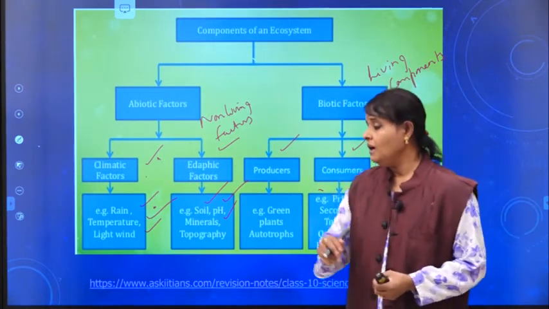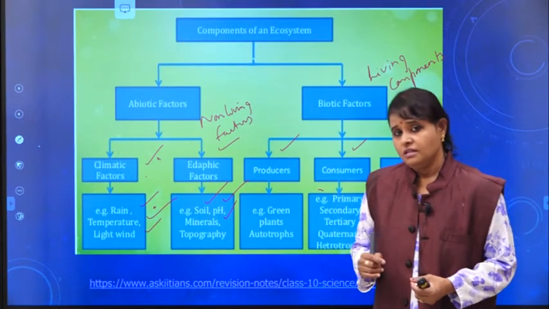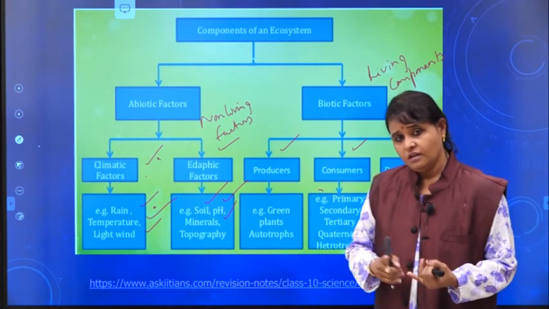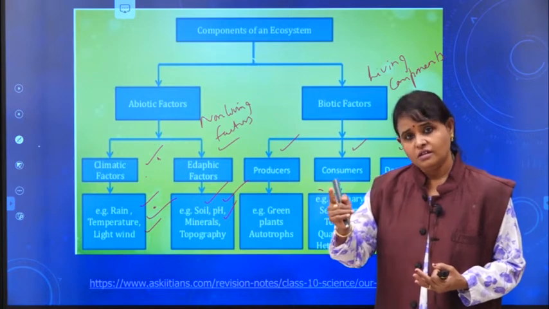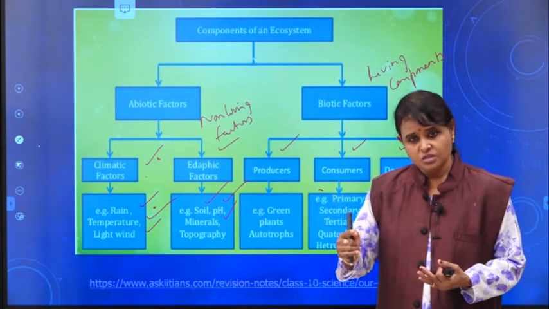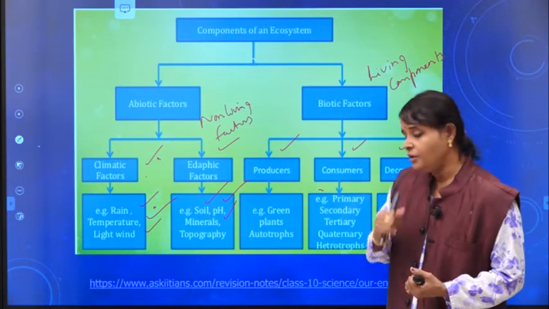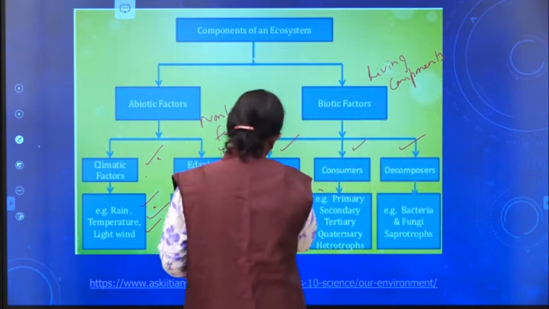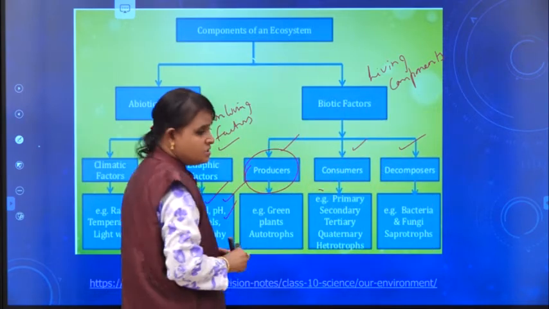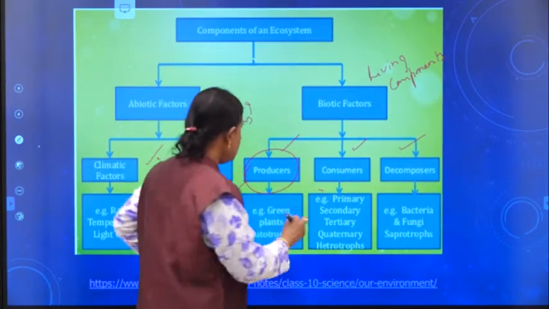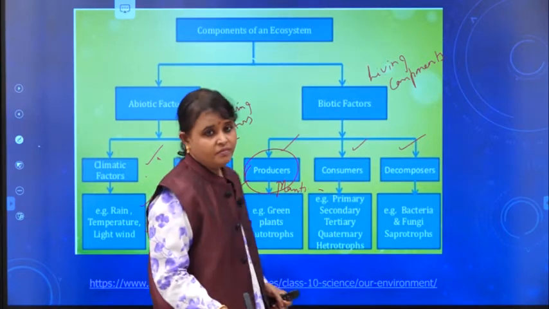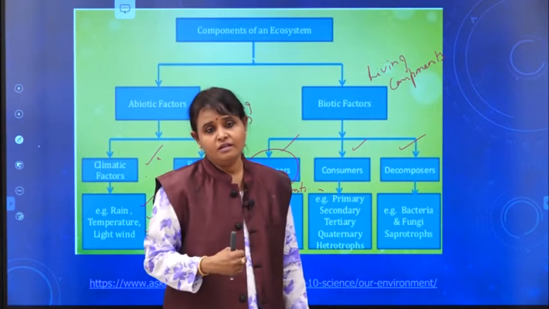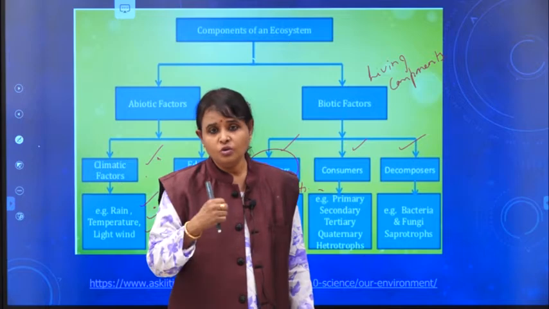Clear? Now let me discuss producer, consumer, decomposer. Already I gave a hint in the block diagram of the ecosystem. What are producers? What did I tell you about producers? Producers means plants. How can you explain? These plants are autotrophs.